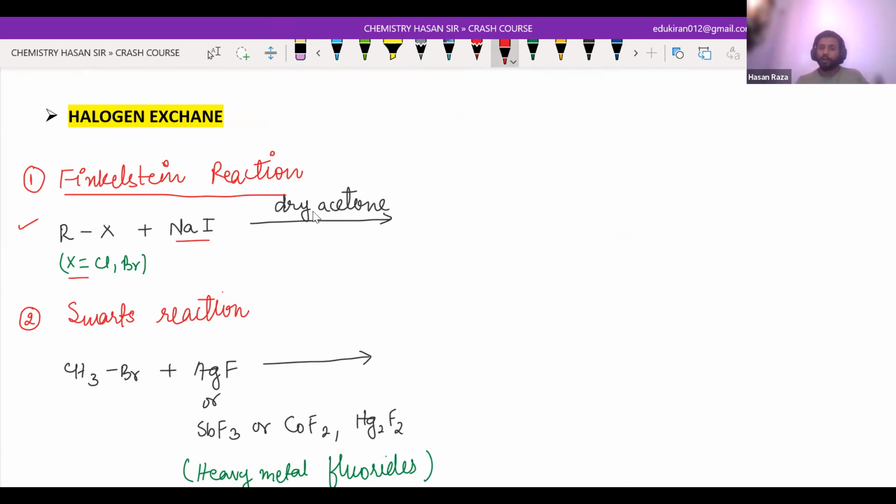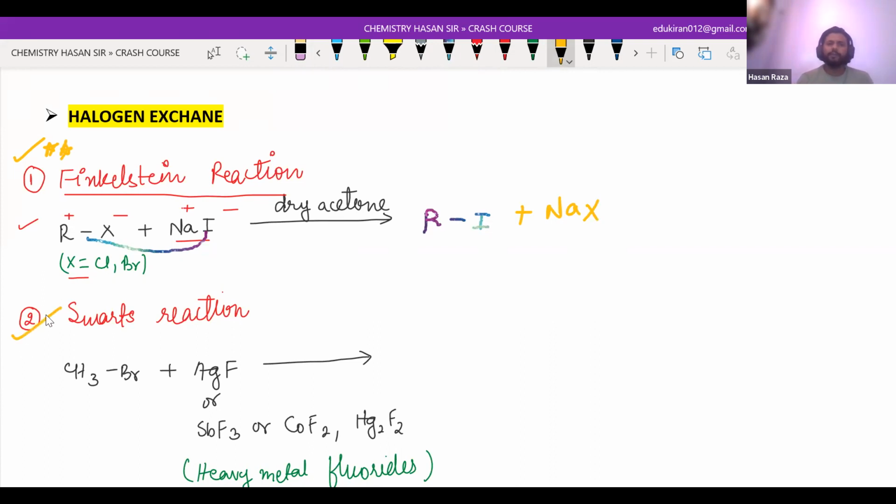Because it is quite reactive. That's why. So negative, positive, negative, positive. So add this negative to positive, and you will get the alkyl iodide. So this is your Finkelstein reaction, and it is a name reaction. This is especially for the preparation of alkyl iodide.